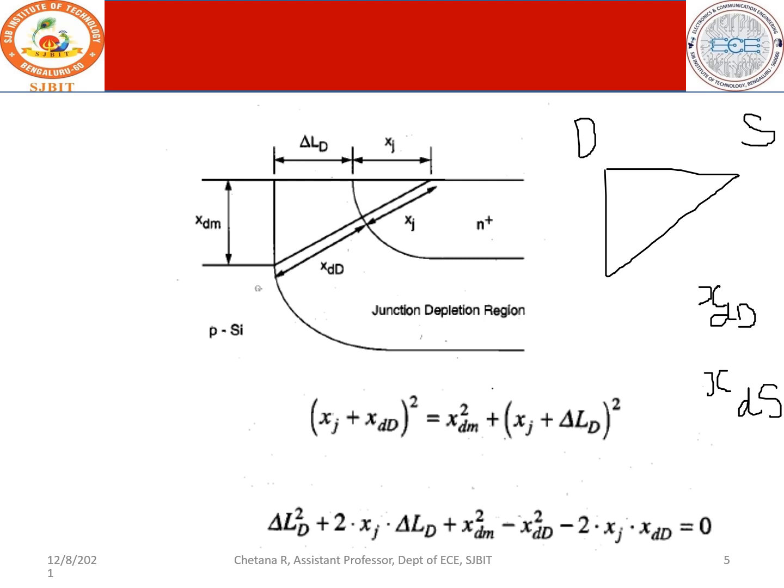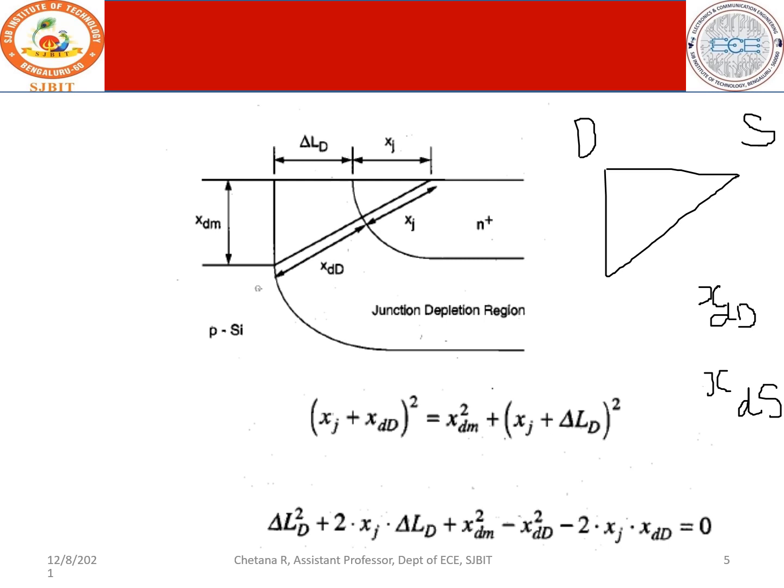So (xj plus xdd) whole square is equal to xdm square plus (xj plus delta LD) whole square. Applying the Pythagoras theorem, we get this. Once you expand and substitute, make it a quadratic equation.